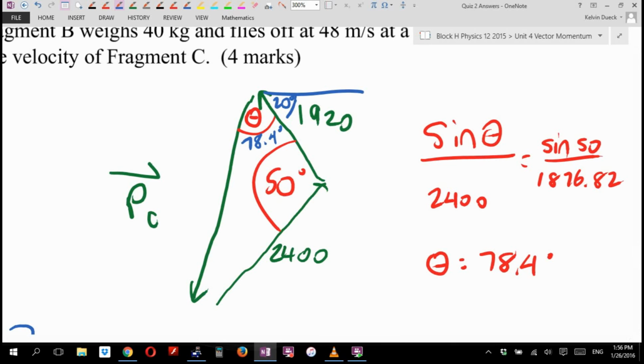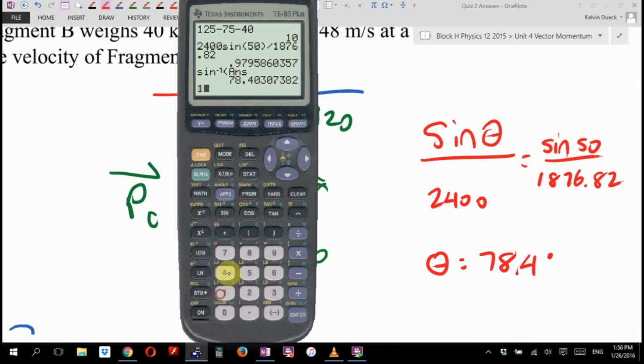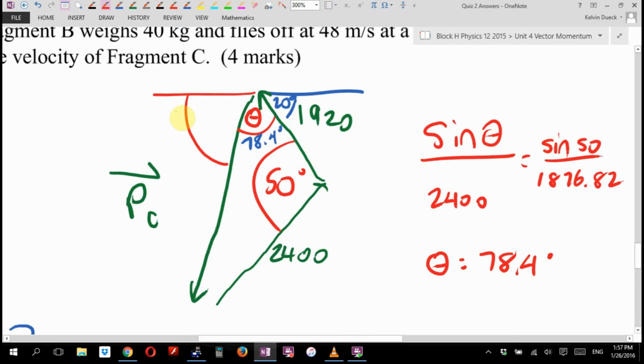Now, if you said 98.4 degrees south of east, I'll take that. But I'll be honest, I think now what I'm going to do is bail. I'm going to find that angle, which I'm pretty sure is 180 minus 78.4 and minus the 20. I think 81.6.